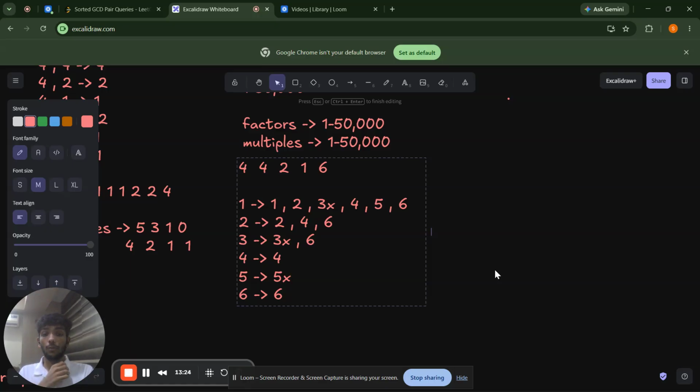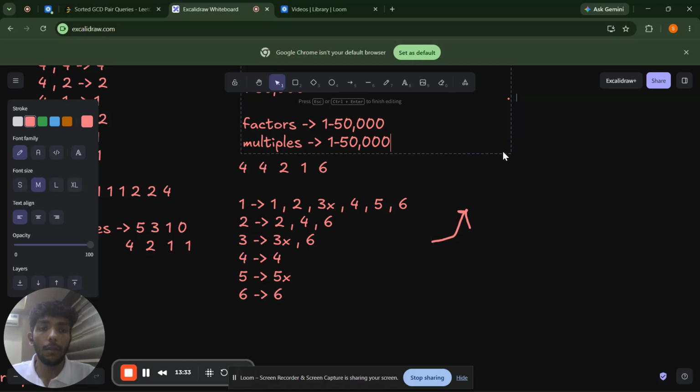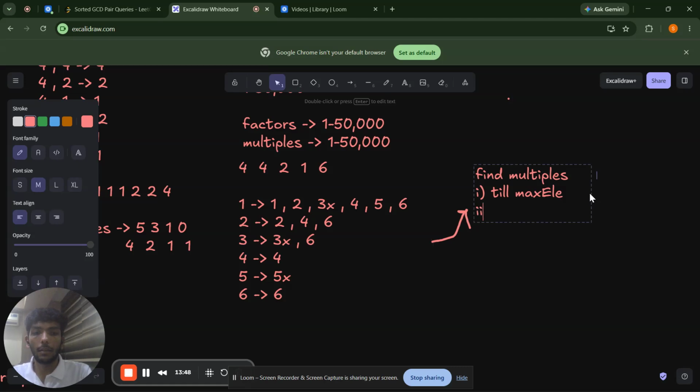So what we have found out is: find multiples, but with one condition, till the max element and only those which are part of nums.